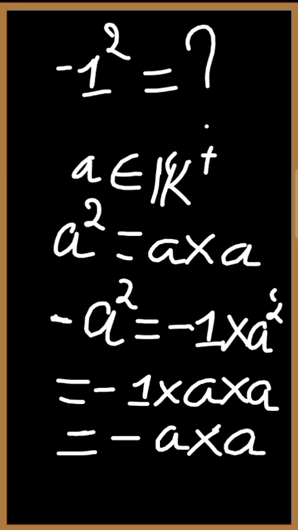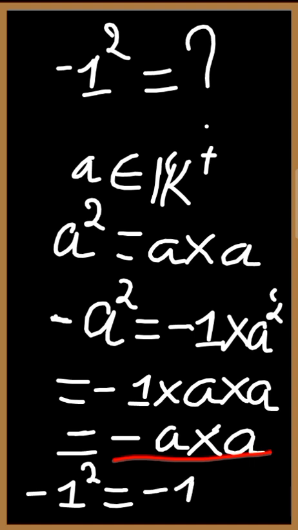Now, going back to the given question, where we have negative 1 squared, this will simply be equal to, applying this formula, negative 1 times 1.